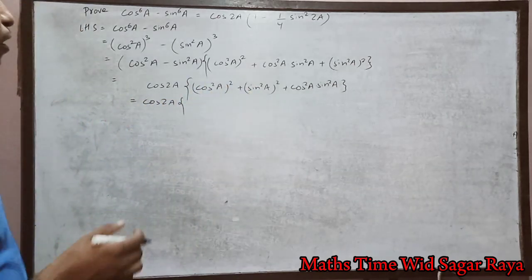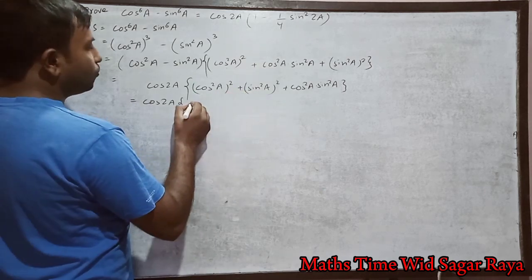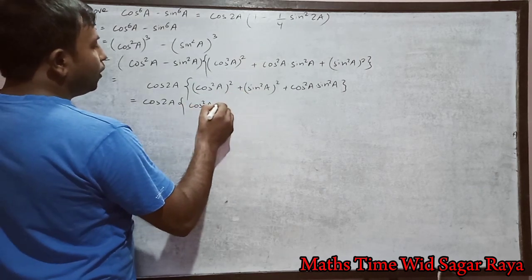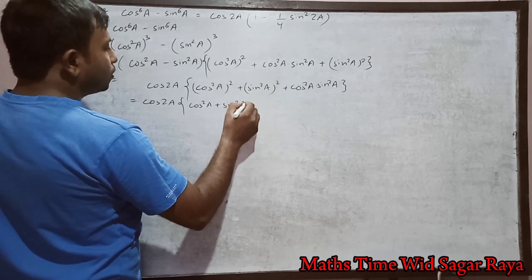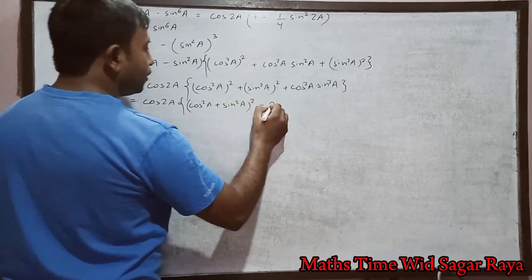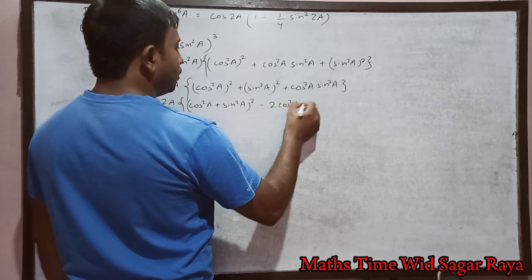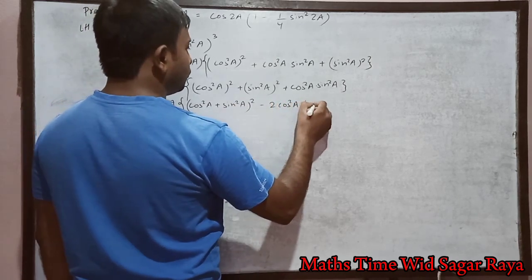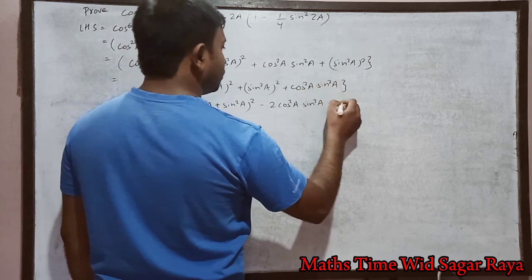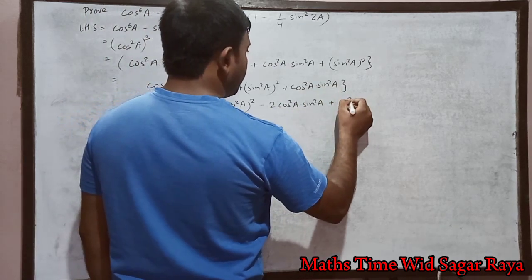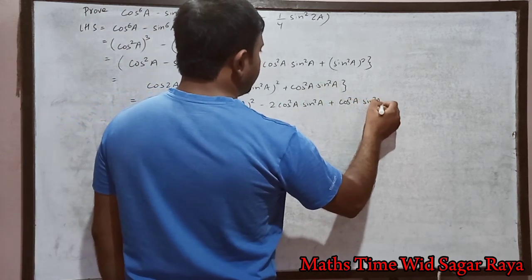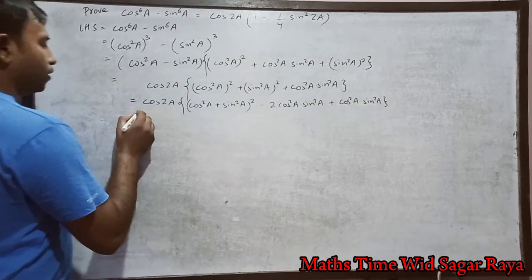We have to use the a² + b² formula, which is (a + b)² − 2ab, where a is cos²A and b is sin²A, plus cos²A·sin²A.